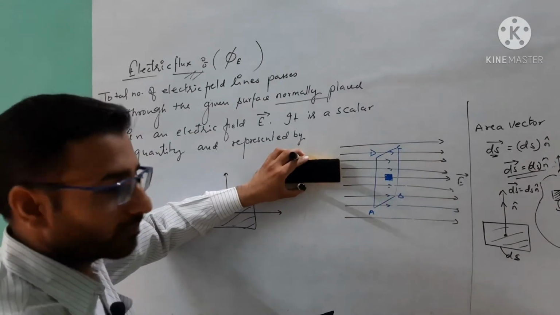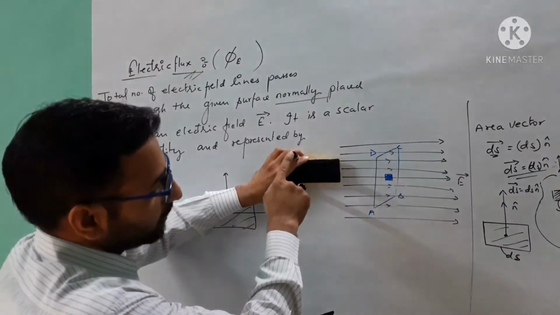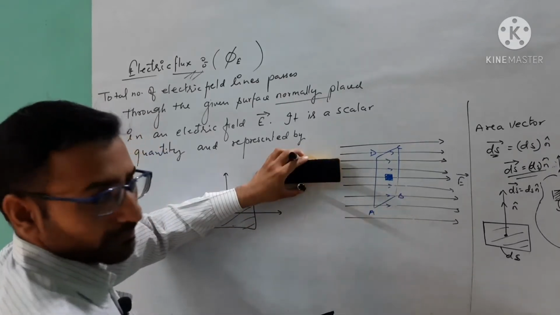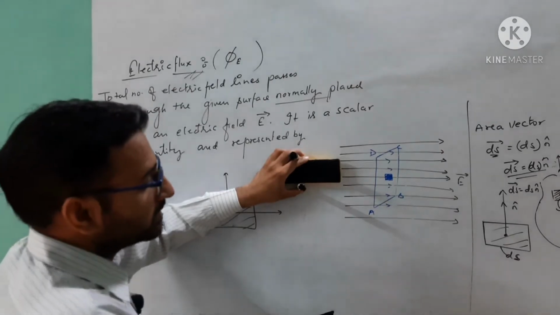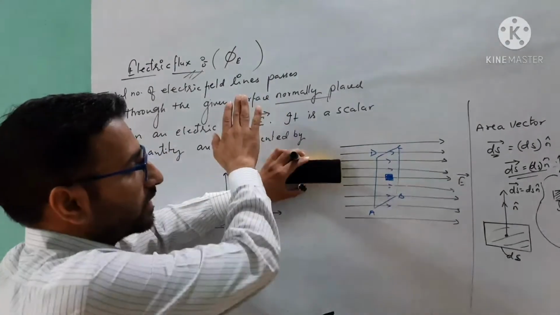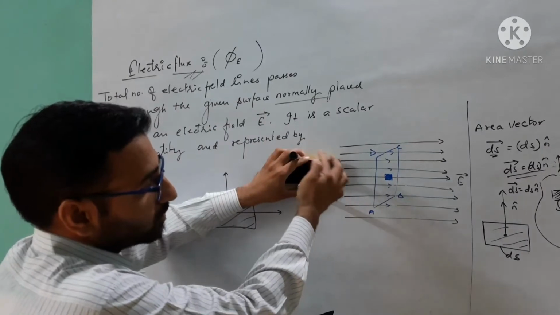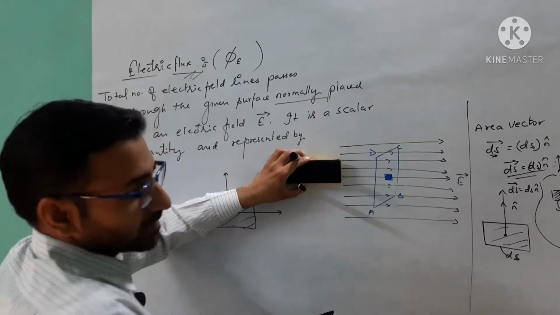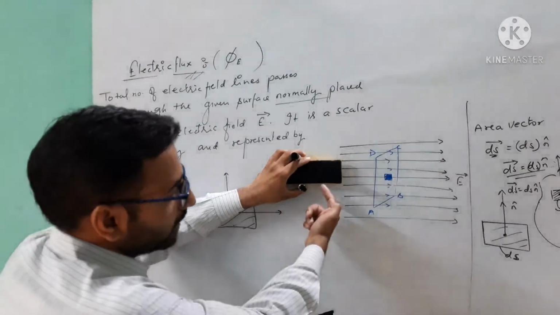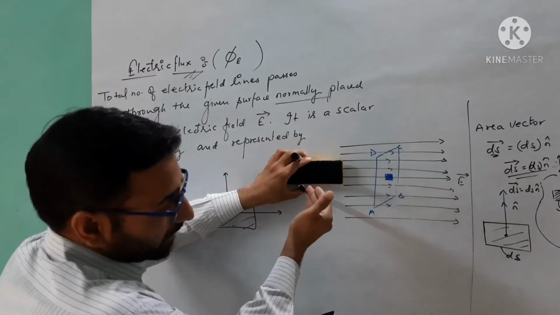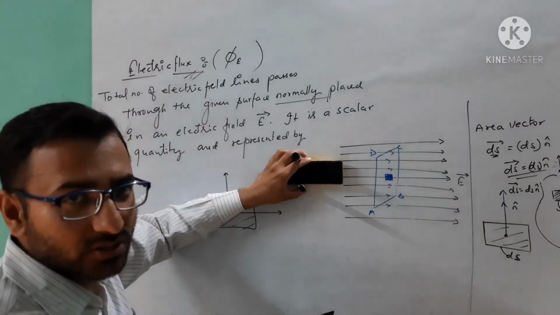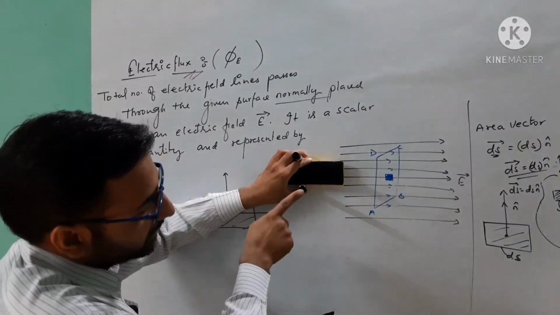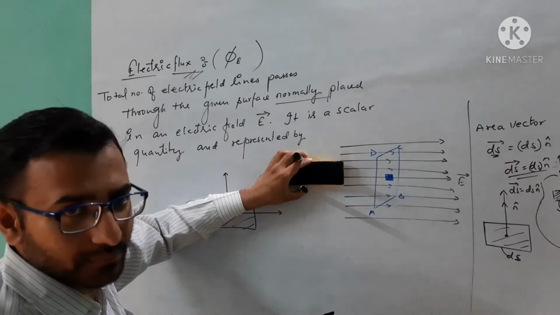The surface in which we are calculating the electric flux is placed normal to the given electric field, and the area vector of this surface will also be normal to it according to the definition of area vector. Now finally we observe that the direction of the electric field and the direction of the area vector are the same.